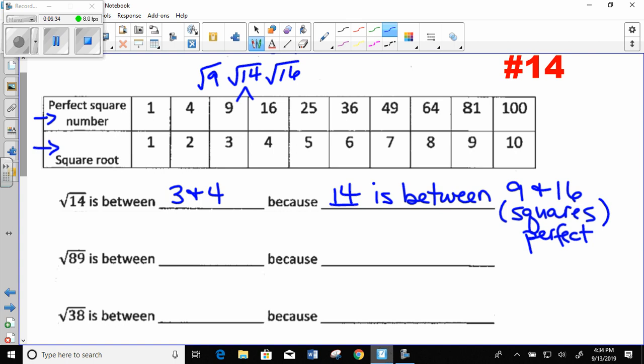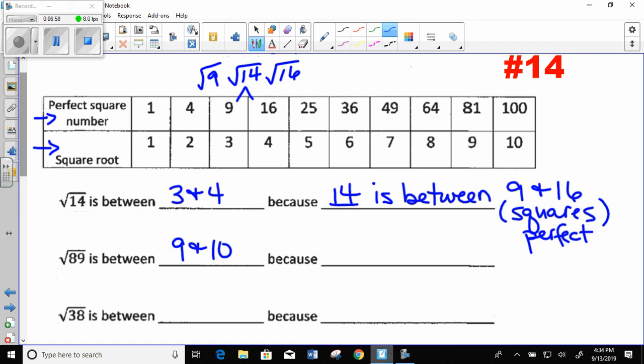Okay, so we're going to do the same thing for the next one. So the square root of 89, go ahead and plug that into your calculator. You should get a decimal. What do you get? You should get something between 9 and the number 10, correct? So it is between the numbers 9 and 10 because you have a decimal. So again, these are our perfect squares. So look up here.